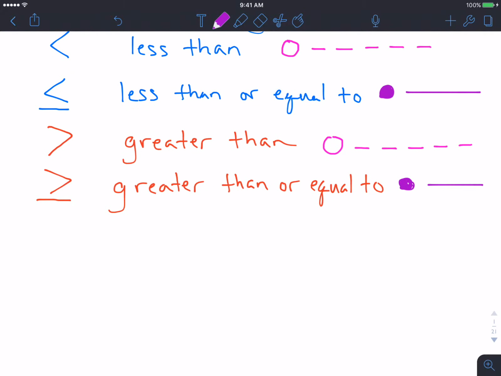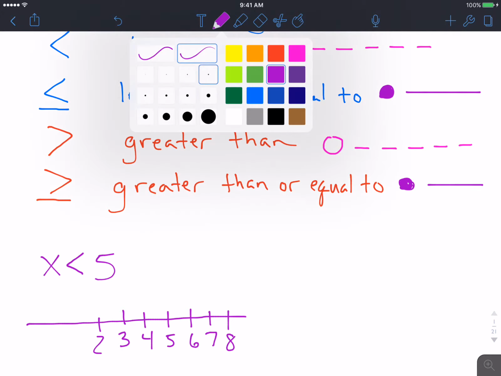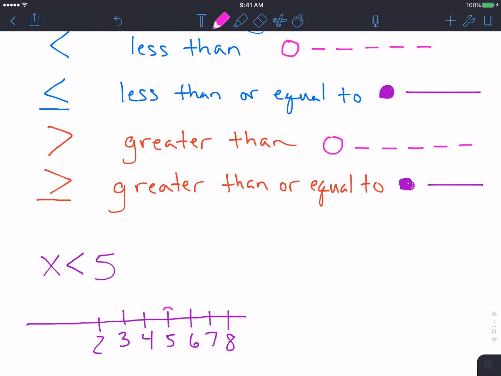So let's take a look at an example. Instead of writing x equals 5, I'm going to change this equal sign and put a less than symbol. So what can that x be? That x could be an infinite amount of values. But if we take a look at a number line, x needs to be less than 5, and I'm going to use an open circle here.